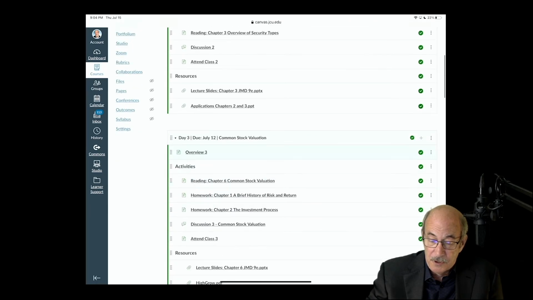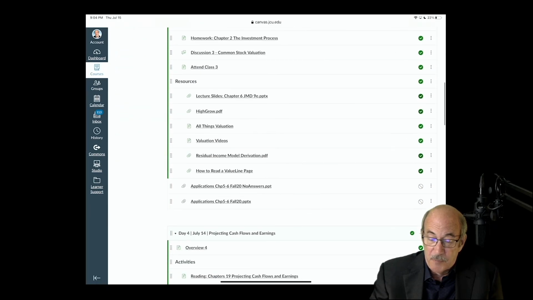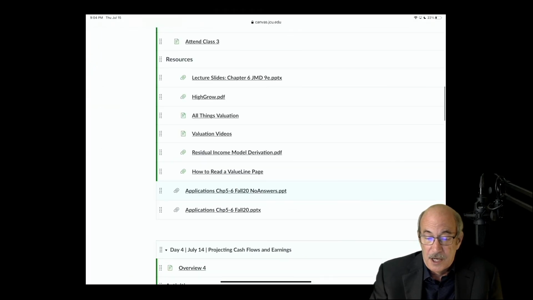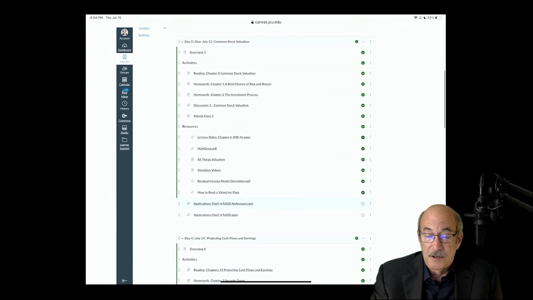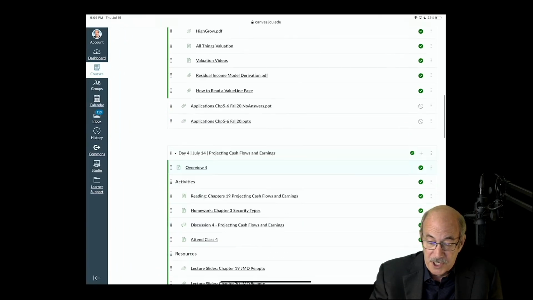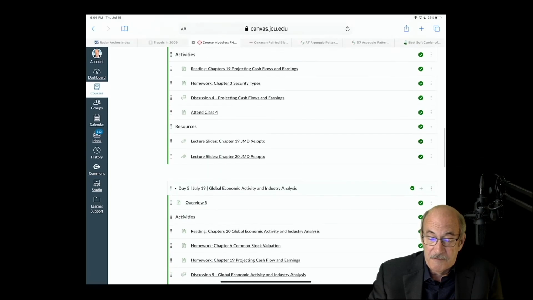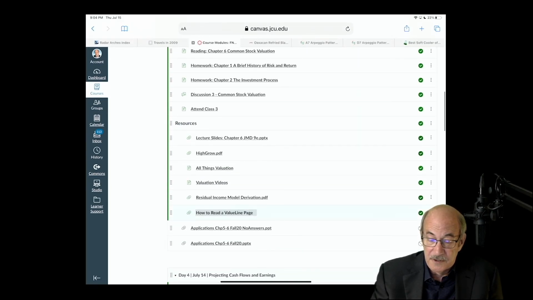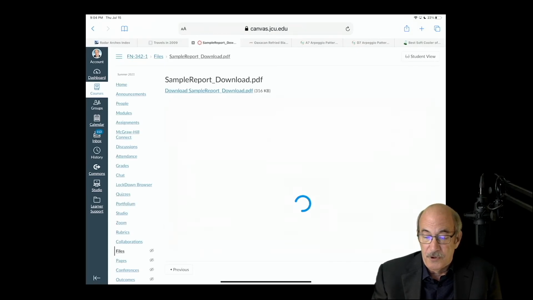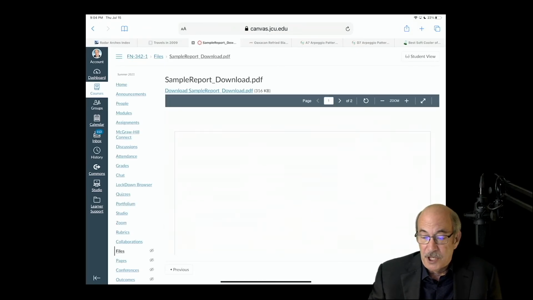Valueline in general, I've got a little bit of a primer right here. I'll move this. Right now it's on day 3. I'm going to move it down here to day 5. But this basically walks you through how to read a Valueline page.